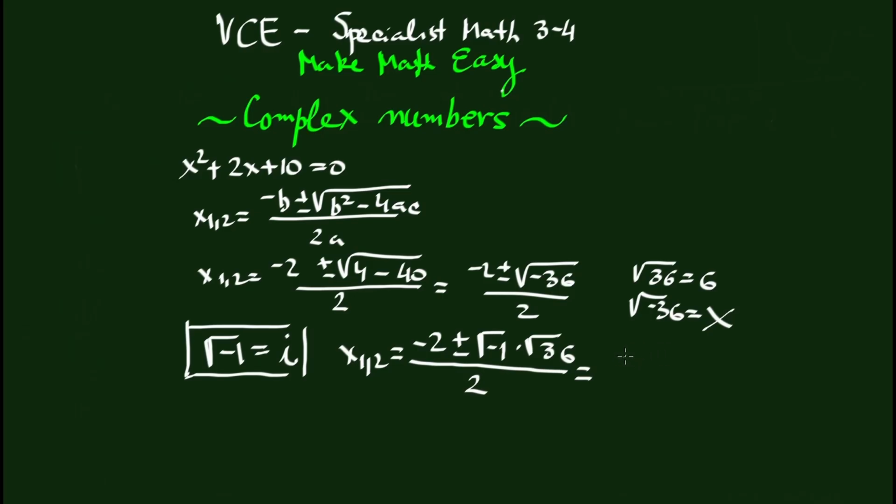So it becomes minus 2 plus minus i. Square root of 36 is 6, divided by 2. All can be divided by 2. So it is minus 1 plus minus 3i.